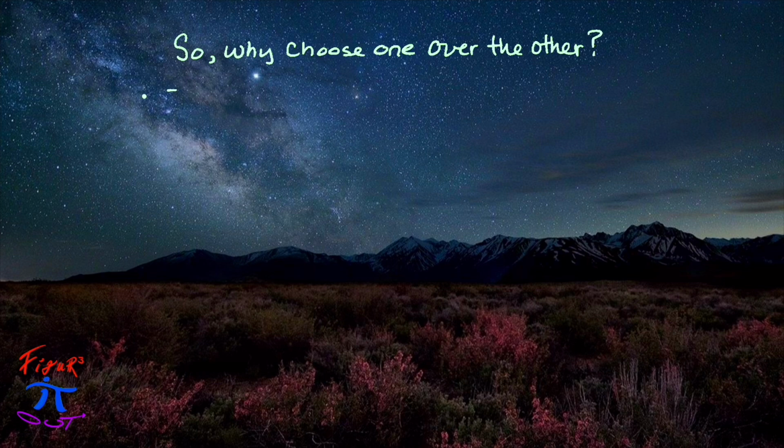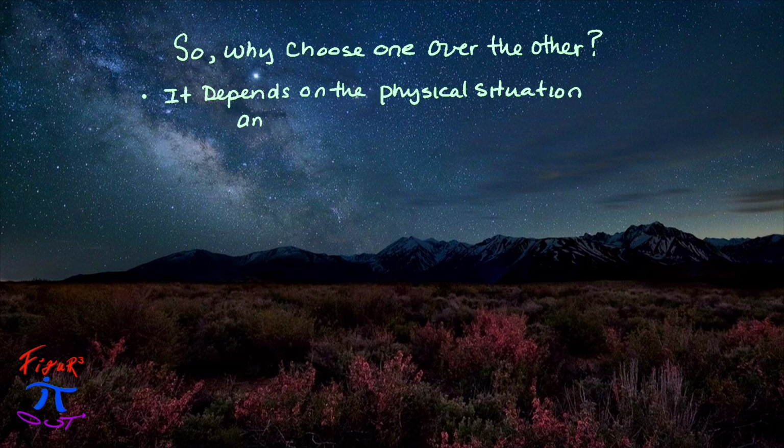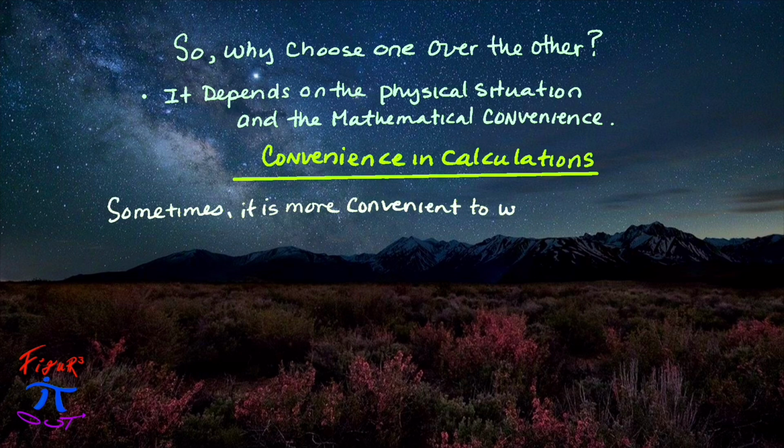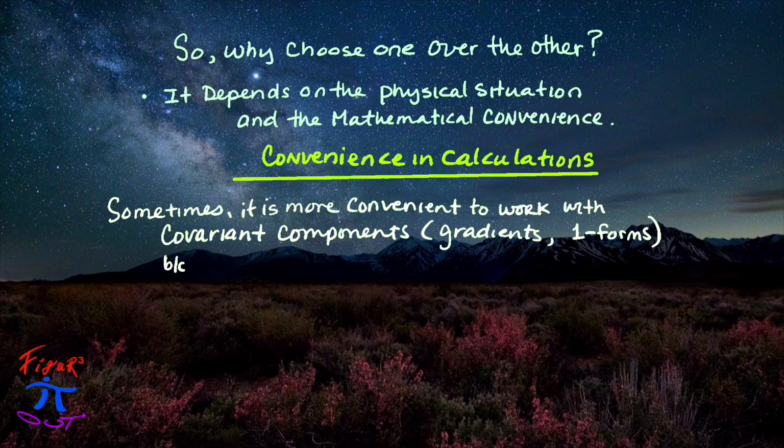So again, why would we choose one over the other? Well, it depends on the physical situation that you're trying to represent, and also on the mathematical convenience. Sometimes you might find it more convenient to work with covariant components, gradients or one-forms, because they naturally interact with the metric.